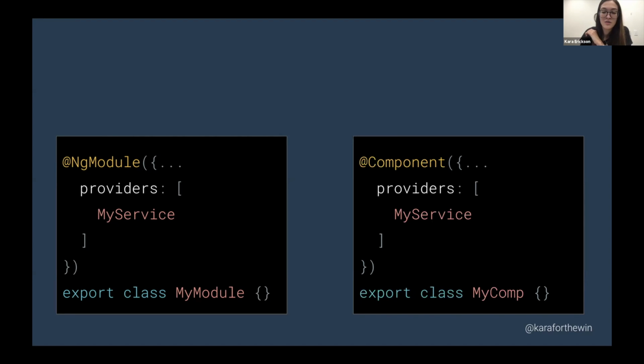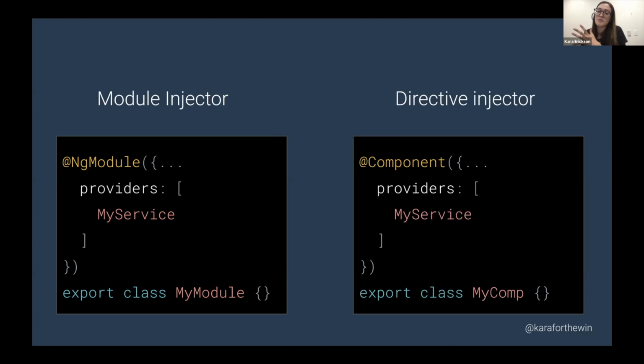And depending on where you add a provider, you're actually going to be using a different dependency injection system. So there's two different dependency injection systems in Angular. There's the module injector and there's the directive injector. If you add it to the ng module, you end up with a module injection system. And if you add it to a directive or component, you end up with a directive injector system.